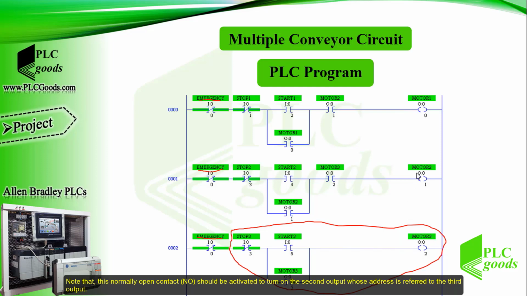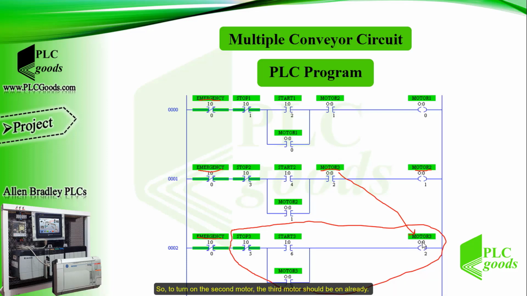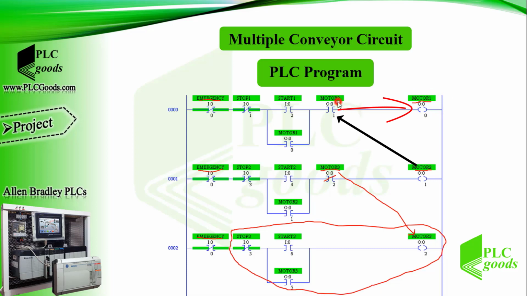Note that this normally open contact should be activated to turn on the second output, whose address is referred to the third output. So, to turn on the second motor, the third motor should be on already. Similarly, the second output should be on already to turn on the first output.